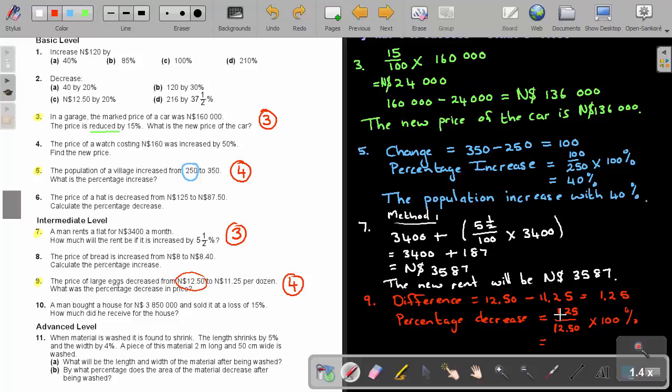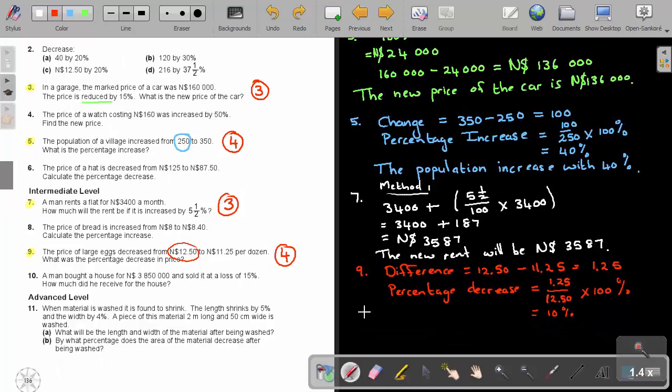My answer will be exactly 10%. And I have to move it up to end with my sentence. So we can say the price of eggs decreased with 10%. So if you classify your percentage sums, and before you start with the sum, decide whether it is method 3 or method 4, then you will usually have your answers correct.